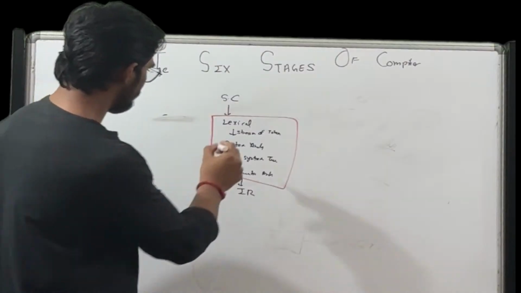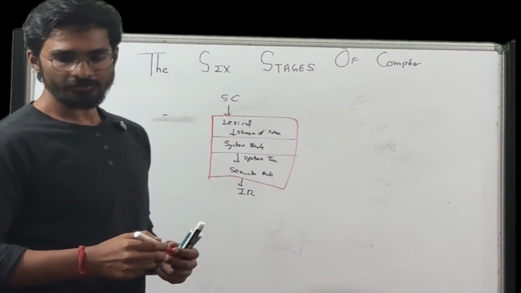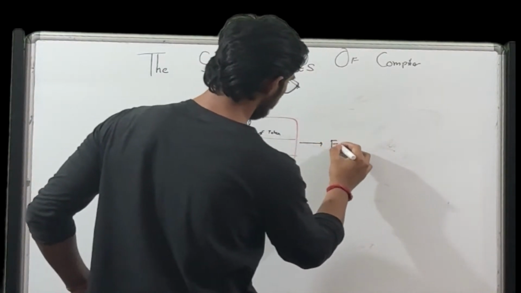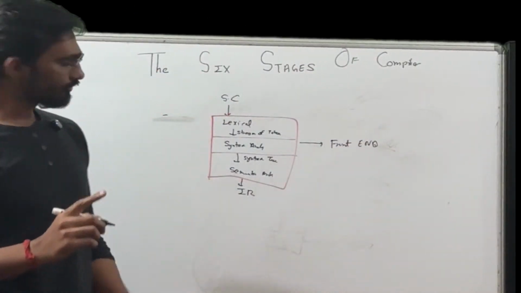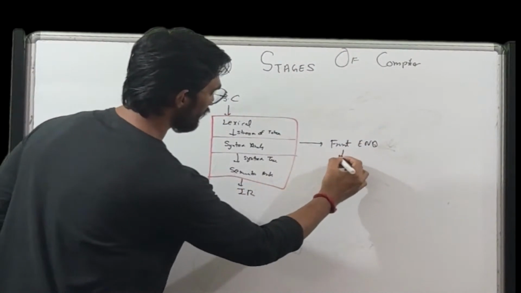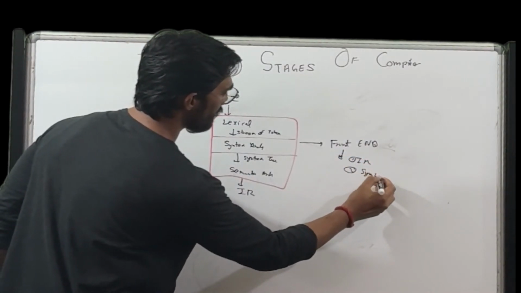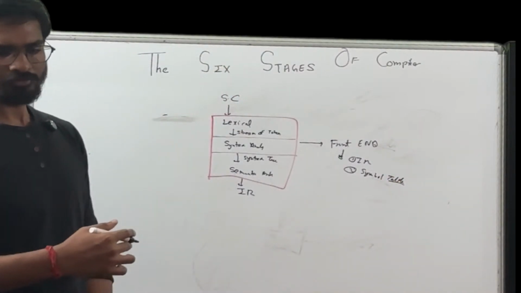These three together are called the front end. The front end's role is to generate, first, the IR, and second, the symbol table. We will learn more about the symbol table in our upcoming lectures, which you can follow by subscribing to my channel.